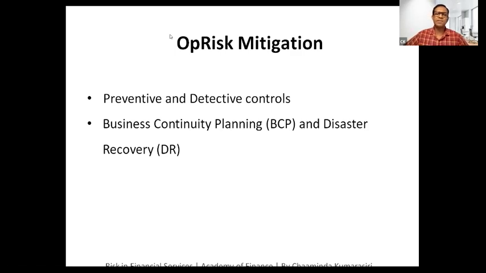BCP, business continuity planning. So if you look at the term continuity, that's the key word here. Business continuity. That means irrespective of the disruption, you should be able to continue business as usual.